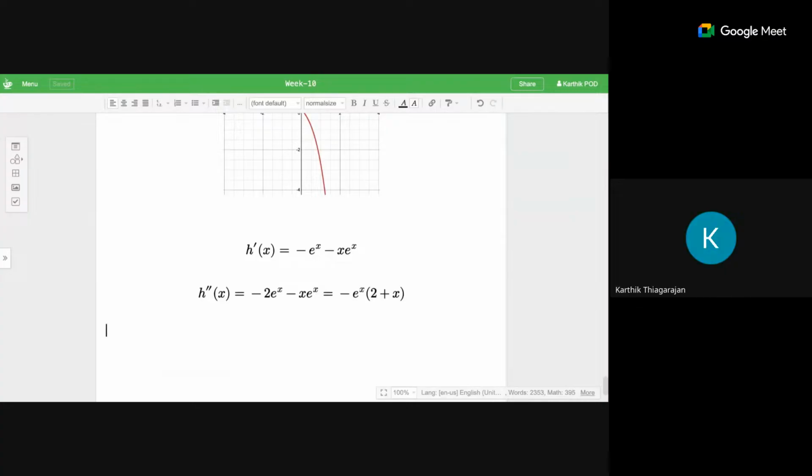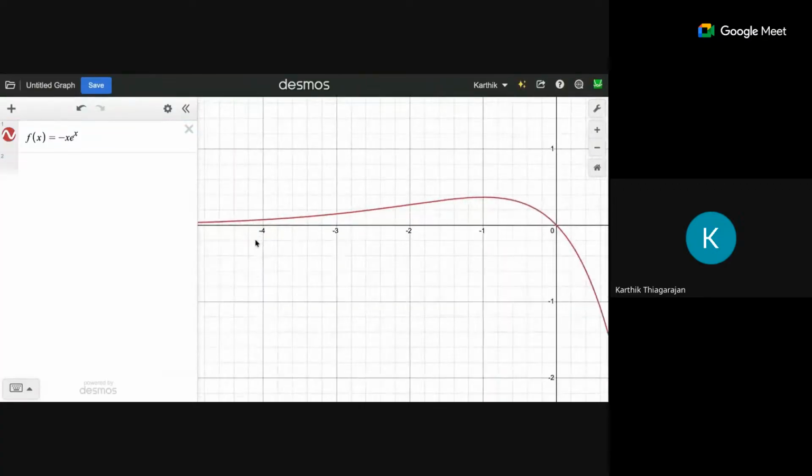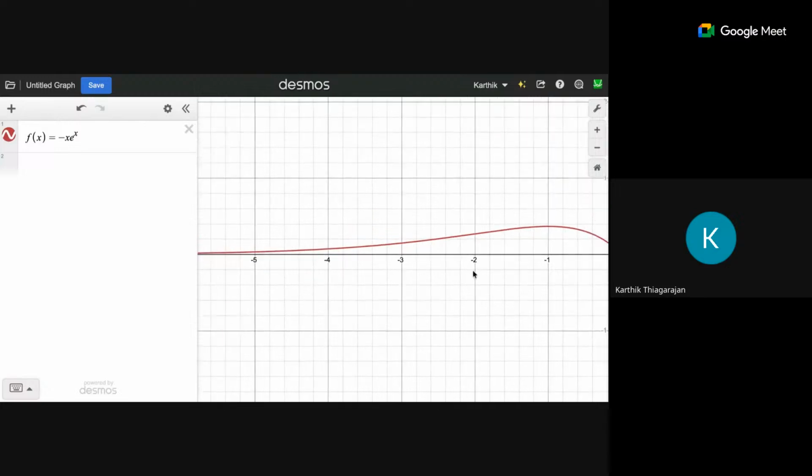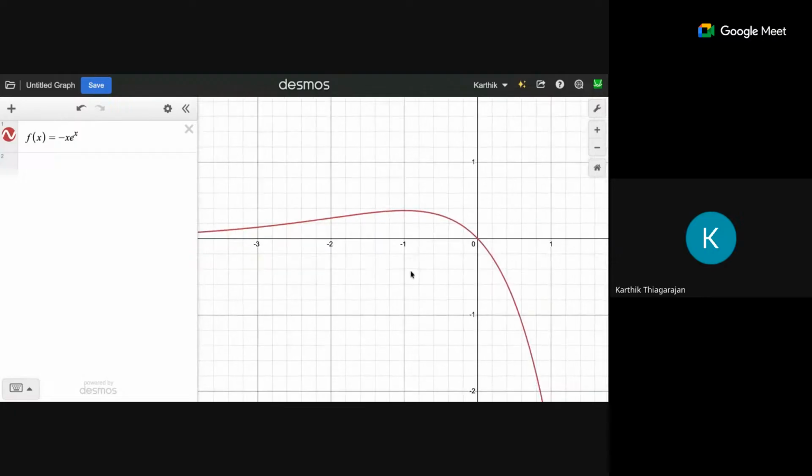You could say if you restrict the function to minus infinity to -2, it is indeed convex. But overall, if you define h as a function from R to R, then it is not at all convex.